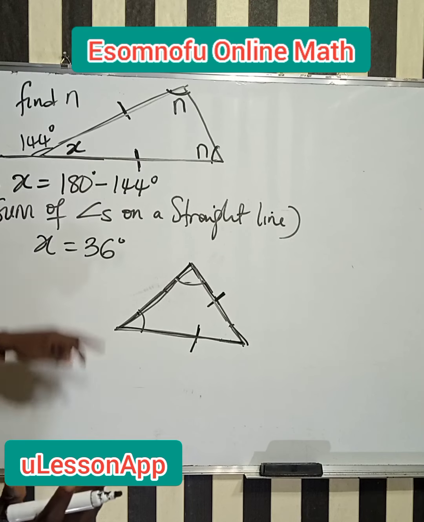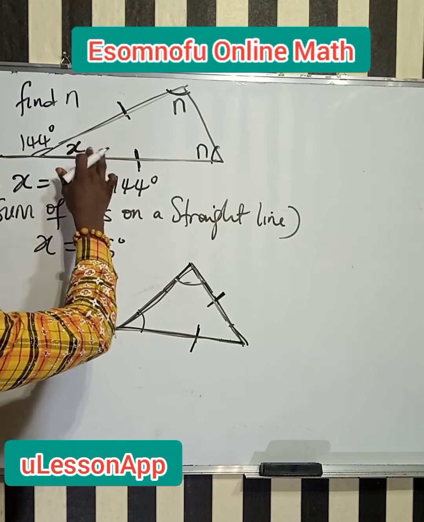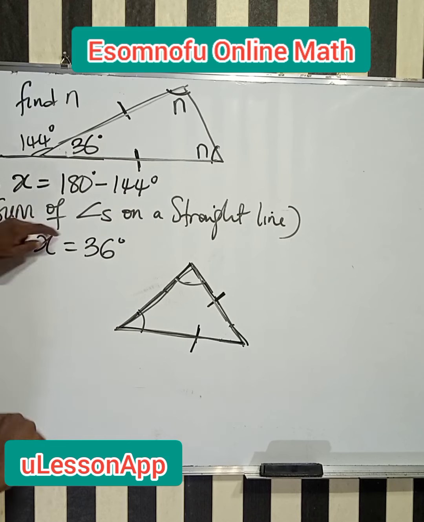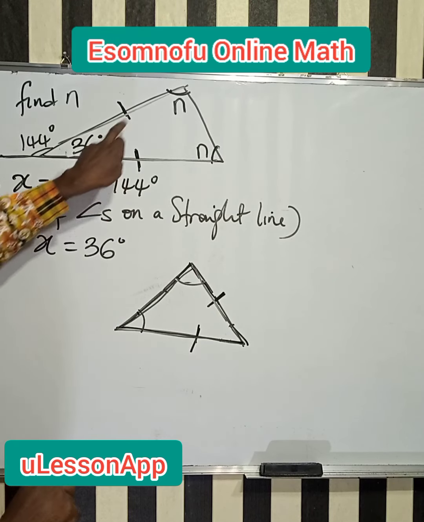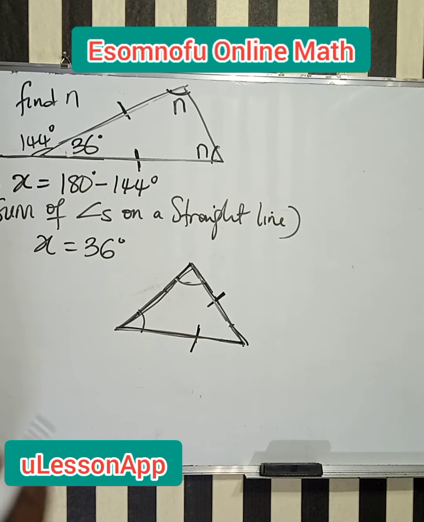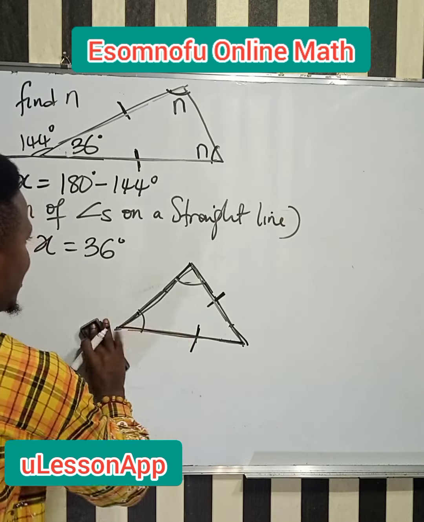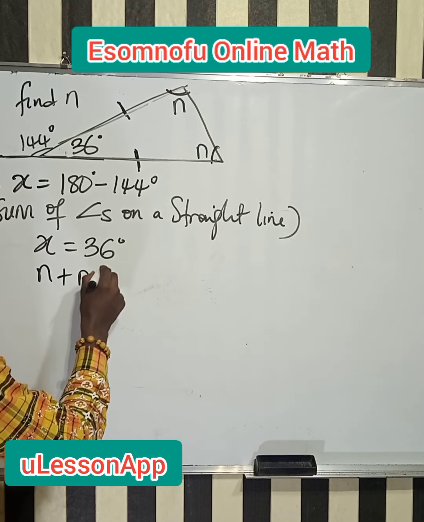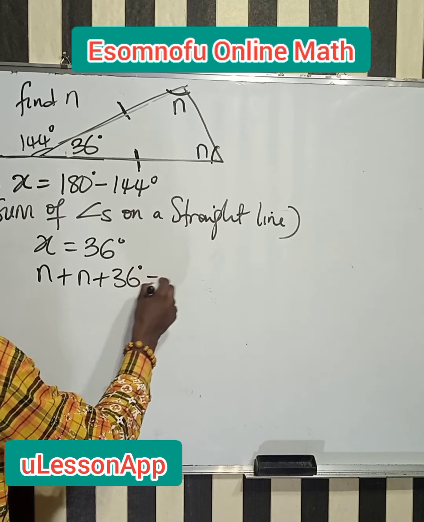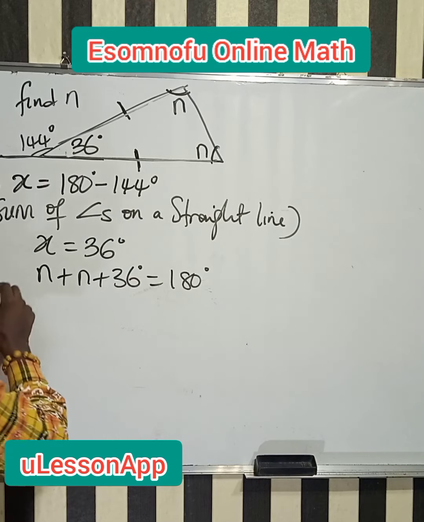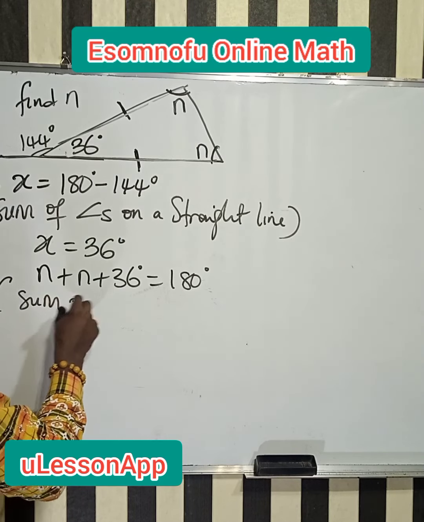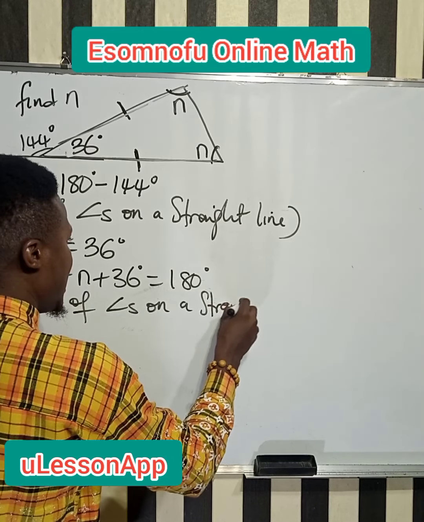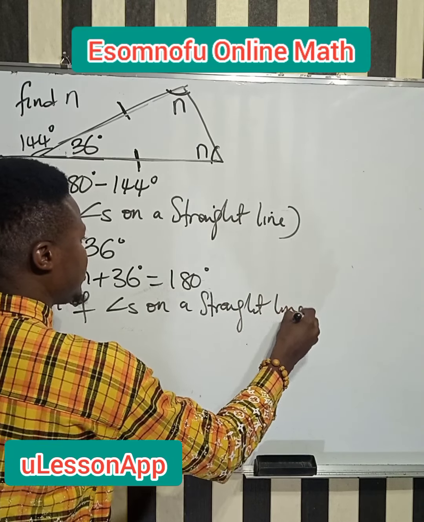But we are not looking for x, we are looking for n. So I can clean off this x and write 36 degrees. Now this is a triangle, and the sum of the angles in a triangle will give us 180 degrees, okay? So I am not wrong if I write that n plus 36 degrees equal to 180 degrees, reason: sum of angles in a triangle.